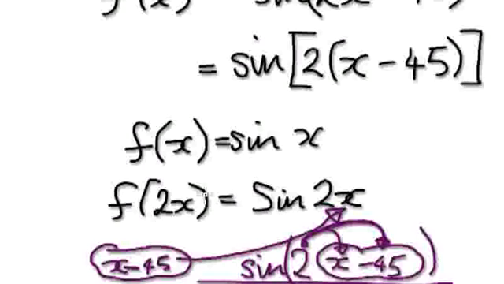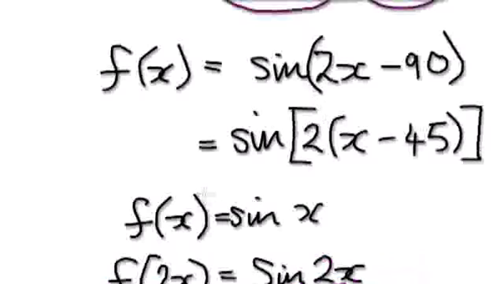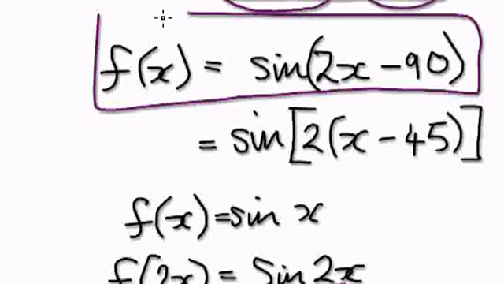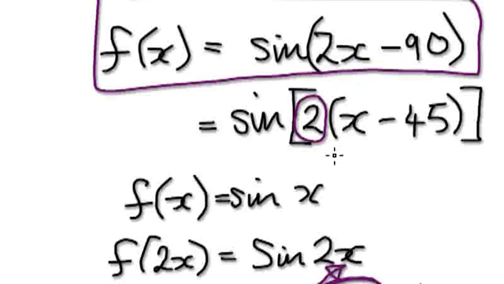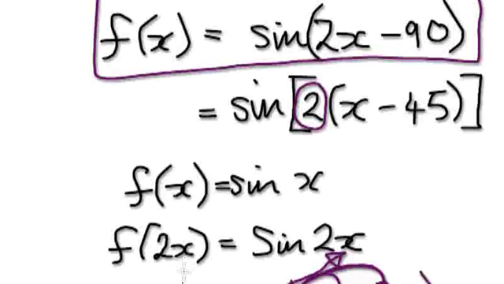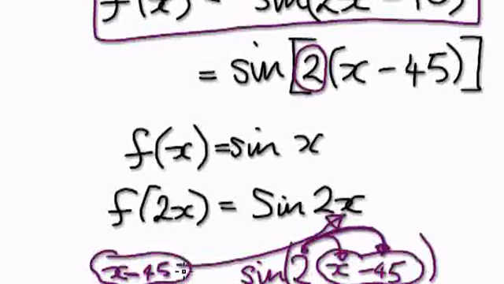Okay, so for you to truly understand this function here, you've got to factorize out the 2, basically get it so that x has a coefficient of 1. When x has a coefficient of 1, then you can simply put whatever you want into here. You can put x minus 45 into that x, and then it will make sense.